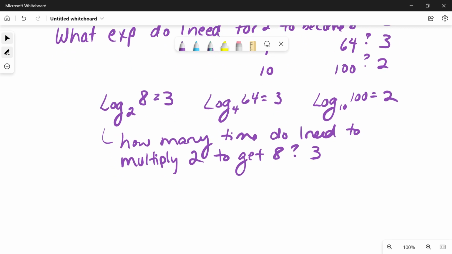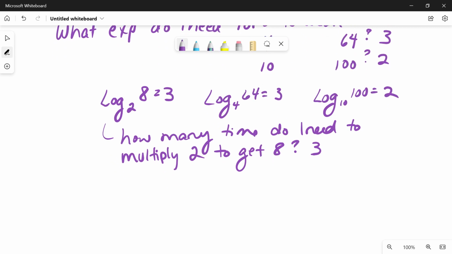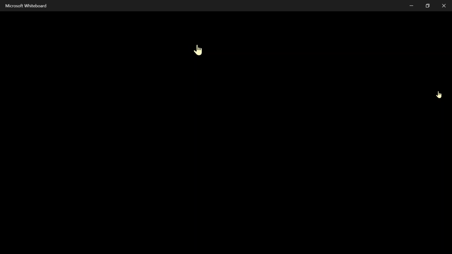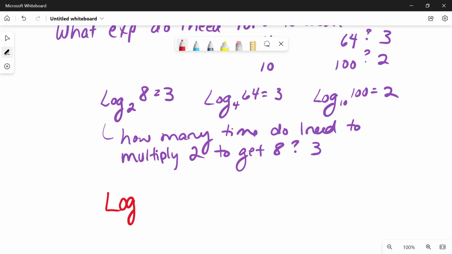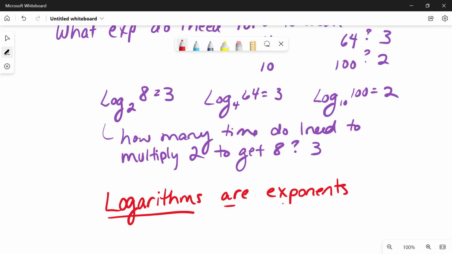So one thing to note is that logarithms are exponents. Logarithms are exponents.